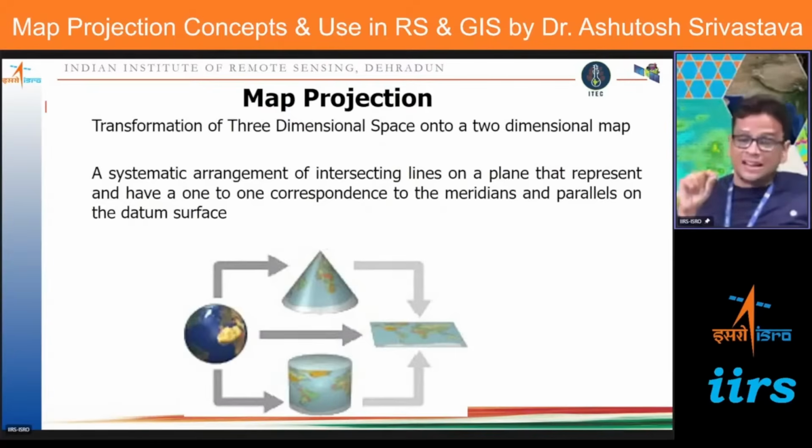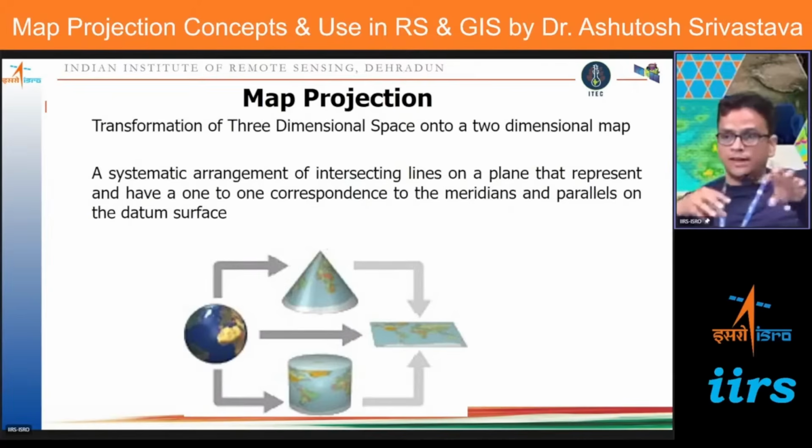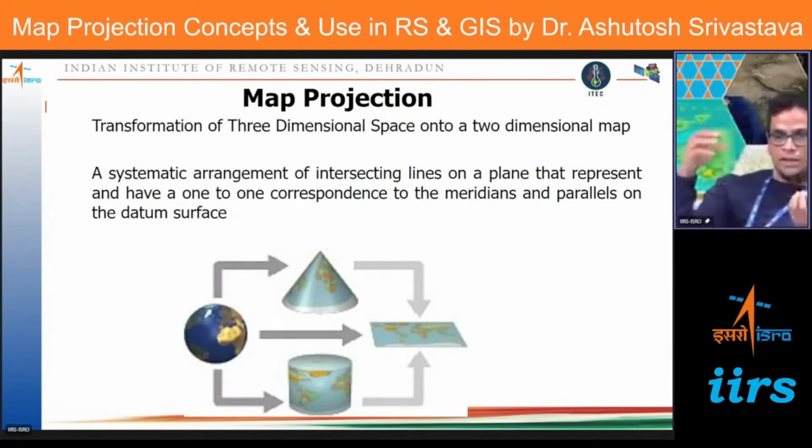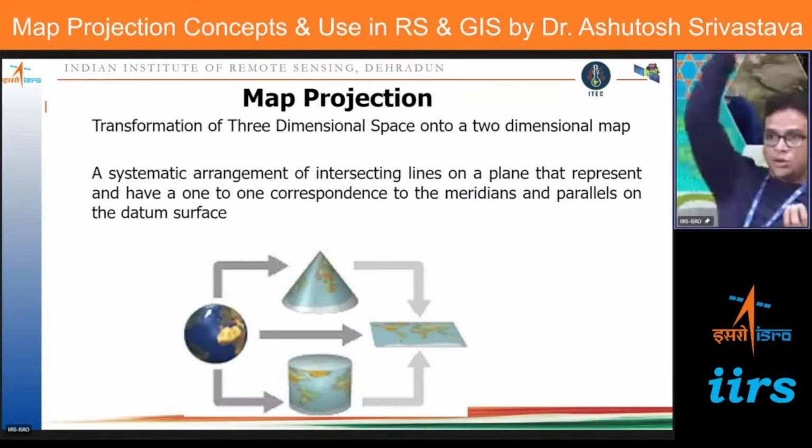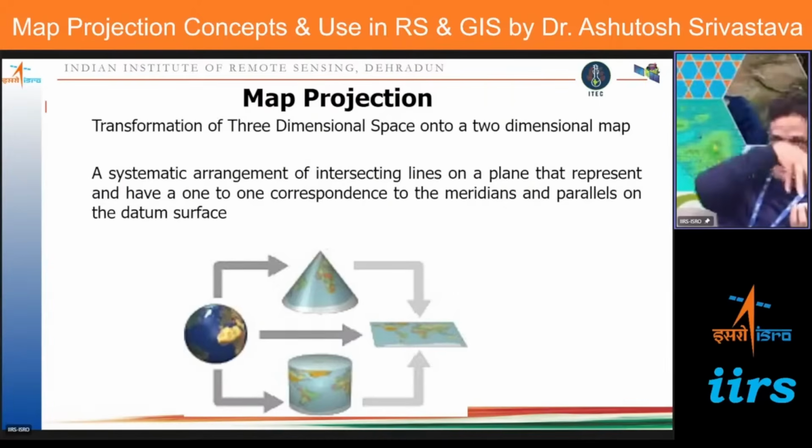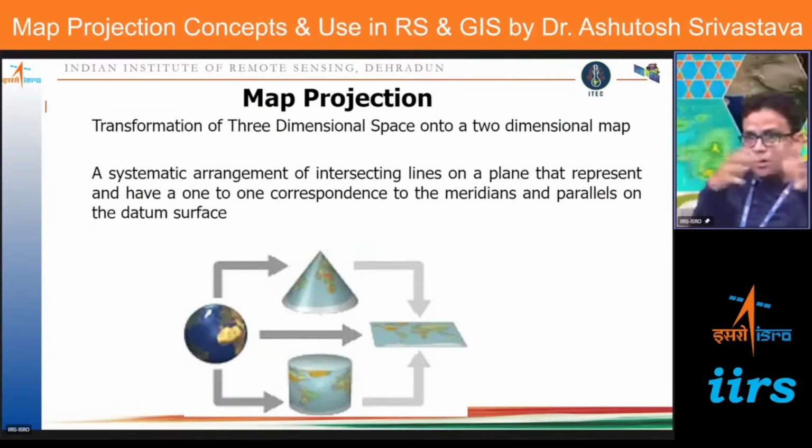A systematic arrangement of intersecting lines on a plane that represent and have a one-to-one correspondence to the meridians and parallels on the datum surface. So we have taken a three-dimensional geometry, and then we will put a cone over it, and we will project onto the wall of this cone.